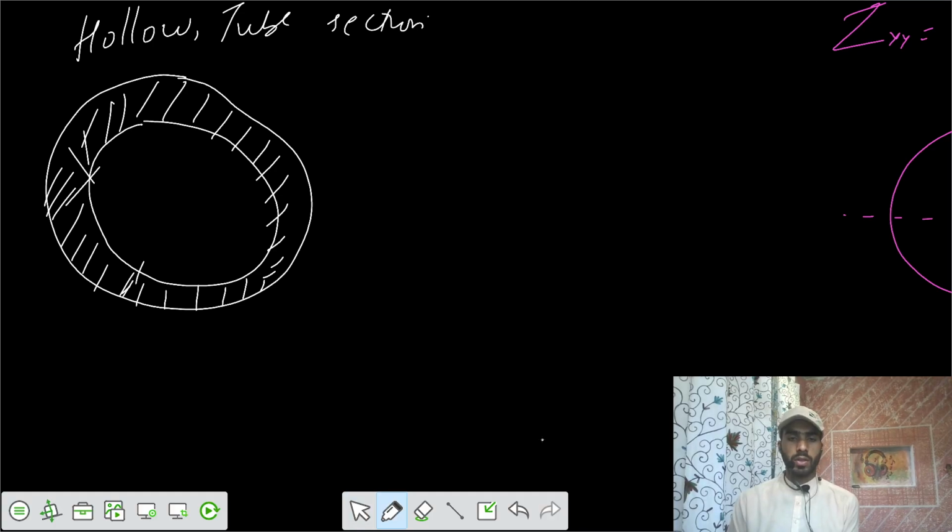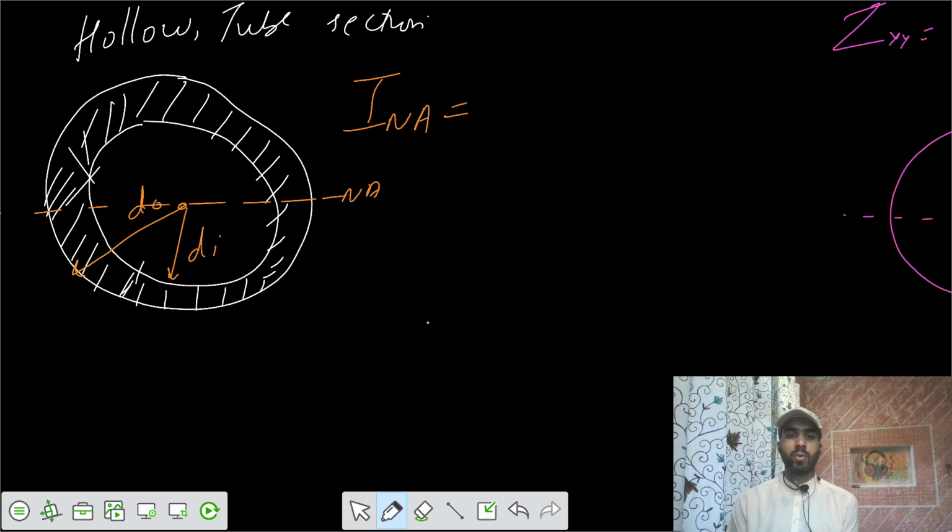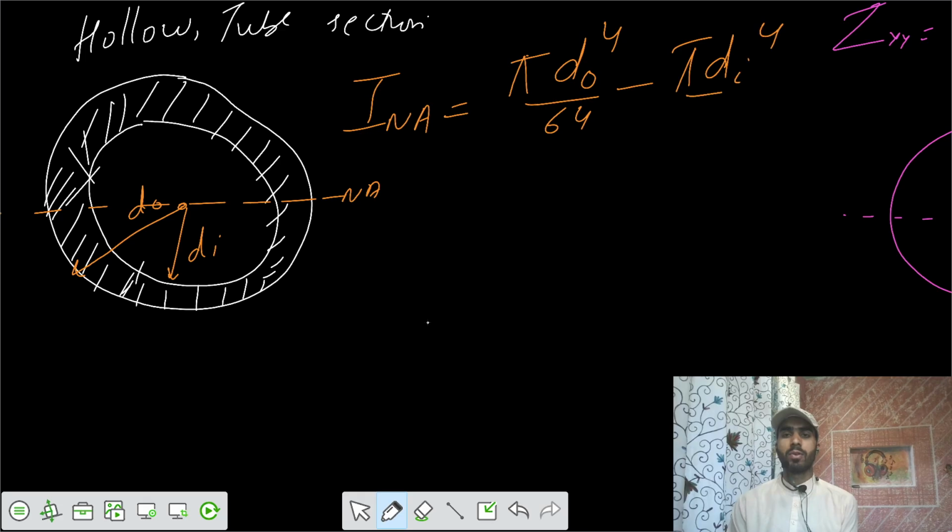You have external diameter of D outer, and internal diameter of D internal. So if I want to say what's the value of the second moment of area about the neutral axis, assume that it was a full solid, we can write pi d outer power 4 by 64, but you have to subtract the hollow part because there is no material inside, so you can write pi d inner power 4 by 64.